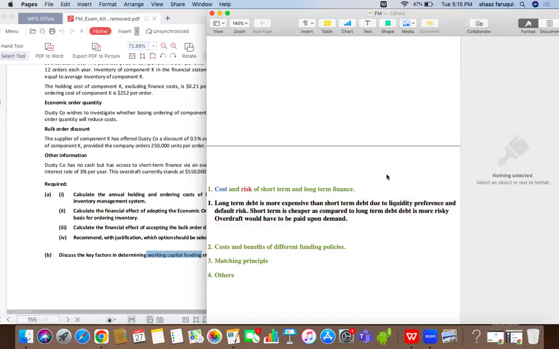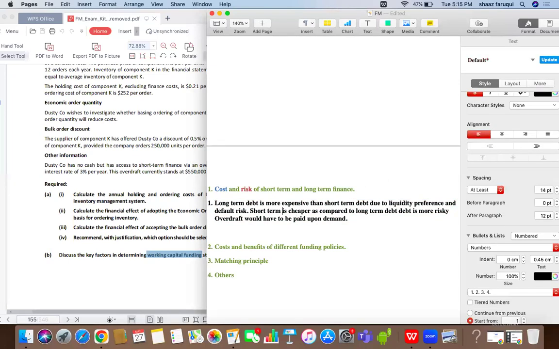Long-term debt is more expensive than short-term debt due to liquidity preference and default risk. Short-term debt is, however, cheaper as compared to long-term debt. However, short-term debt is more risky.